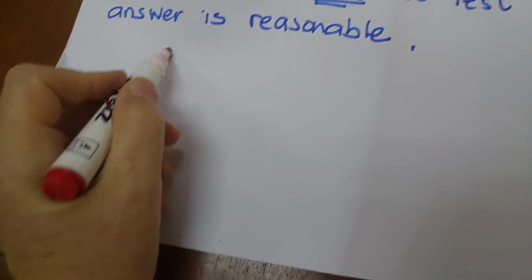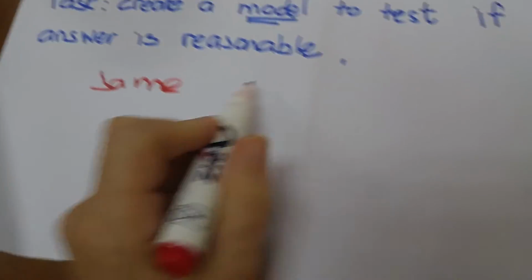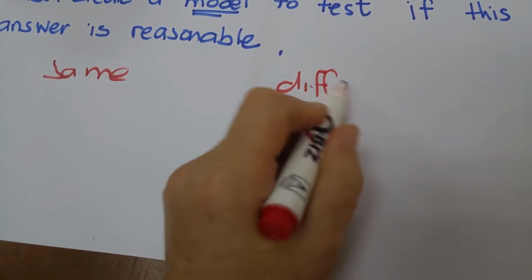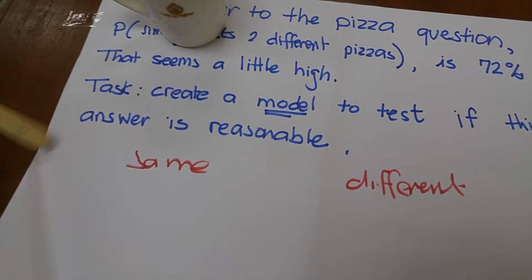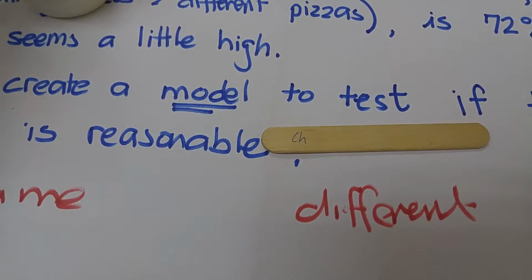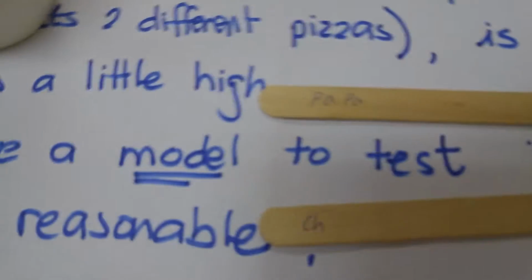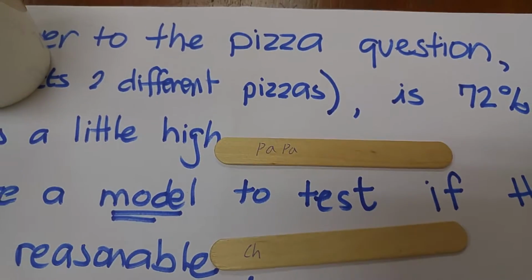So the first one, I'm just going to write it down here to make it easier: the same and then different. Okay, first 2 pizzas, we've got a cheese and a pepperoni. So that's different. Put them back in.